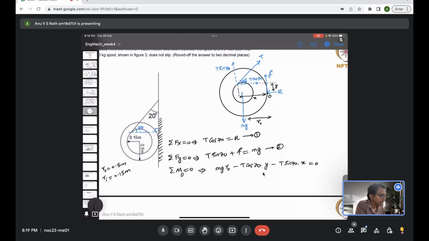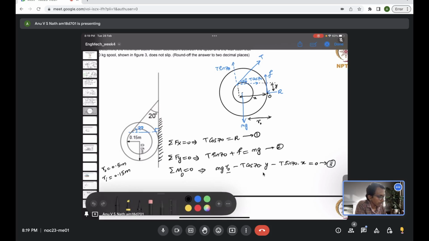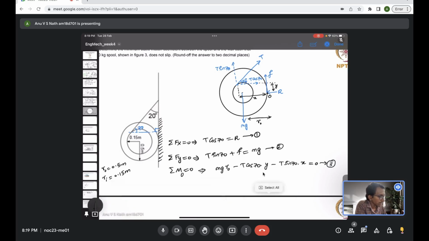So the unknowns in equation 3 are T, x and y. Actually x and y are known, but we wrote them in an unknown way. We have to evaluate x and y in terms of known variables. If we know that, then we can directly solve equation 3 to obtain the unknown T. Remember, R outer is already known, it's 0.5 meter. If we know T, then we can go back to equation 1 to evaluate R, the normal reaction.